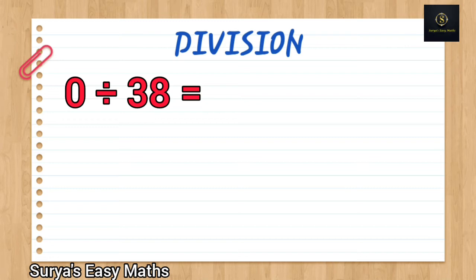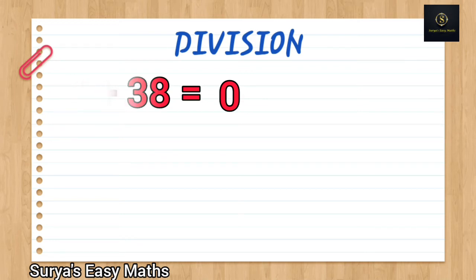Dear children, here the third property of division is applied, because when 0 is divided by any number, the quotient is always 0. So 0 divided by 38 is equal to what? Yes, you are correct. That is 0. So the answer is 0. Children, always remember, when 0 is divided by any number, the quotient will always be 0.